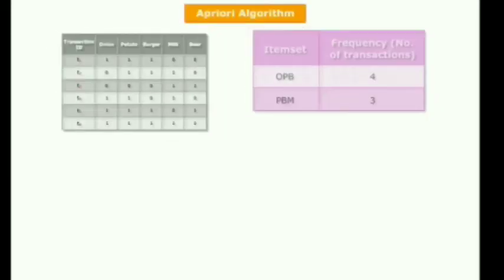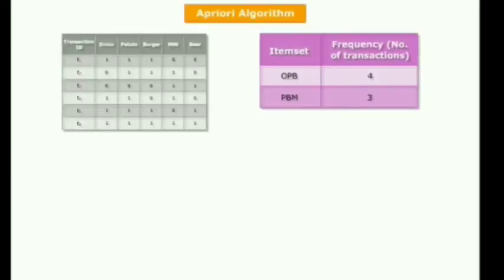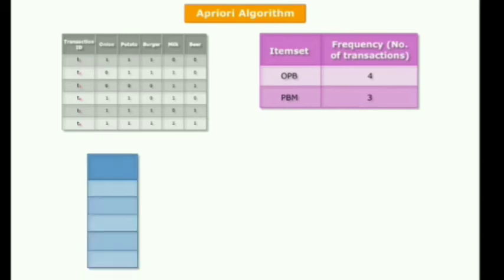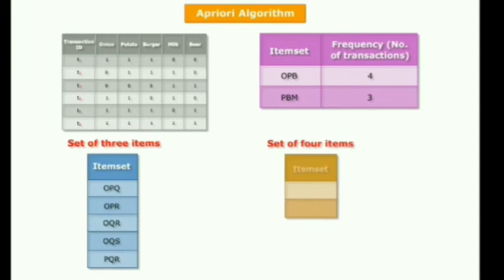The example is a fairly simple one, and mining the frequent item set stopped at 3 items, but in practice there are dozens of items and this process could continue to generate many items. Suppose you got the significant sets with 3 items as OPQ, OPR, OQR, OQS and PQR, and you want to generate the set of 4 items.